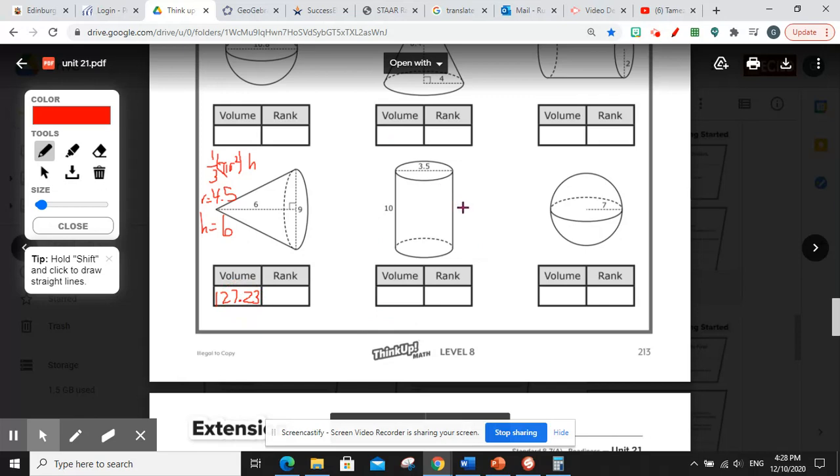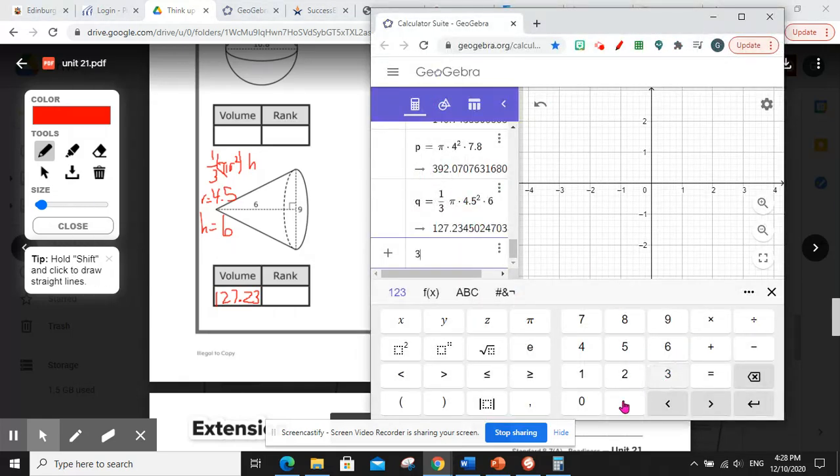Then we move on to our cylinder. We know we're going to have to find our radius and our height. Okay. Our formula for the cylinder is pi r squared times the height, right? And remember that this is not going to be my radius. This is my diameter. Well, if I'm not sure, I'm going to go here, 3.5 divided by 2, and I get 1.75.